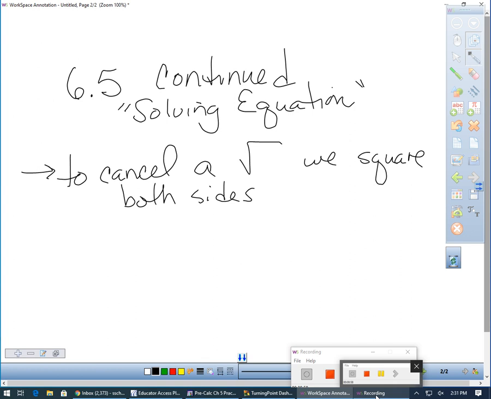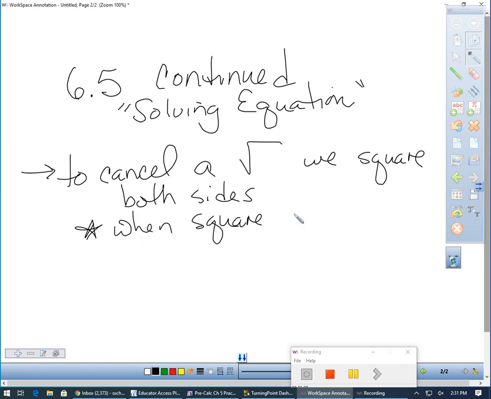Today, it's going to be a binomial you have to square. So when you square a binomial, we multiply it in the box. All right, so let me show you what I mean.